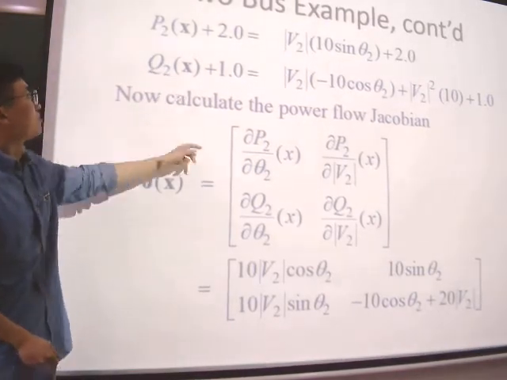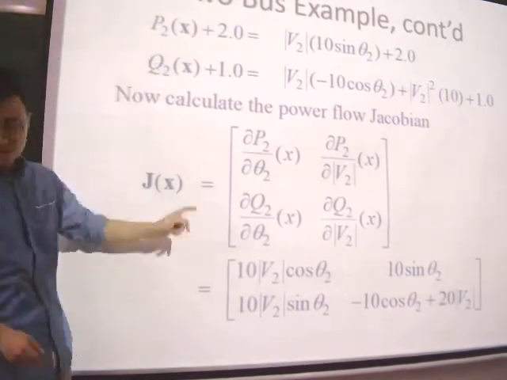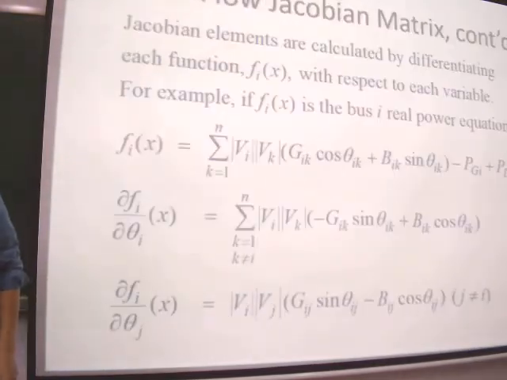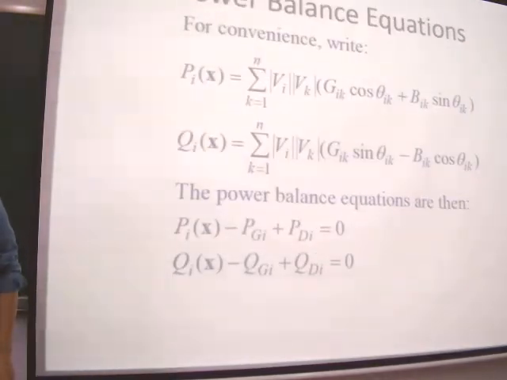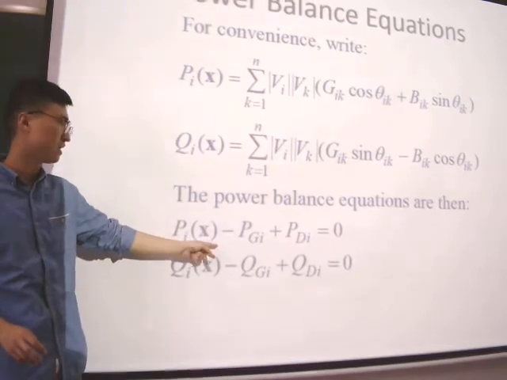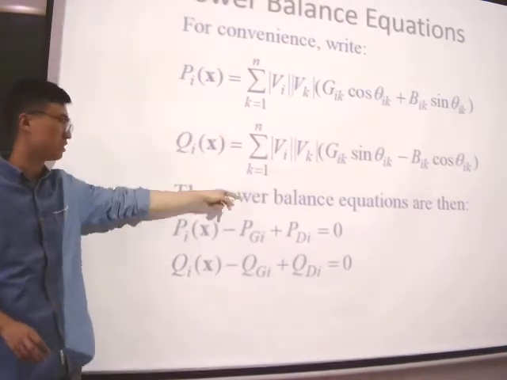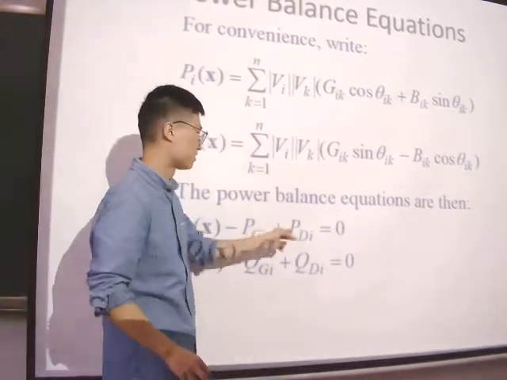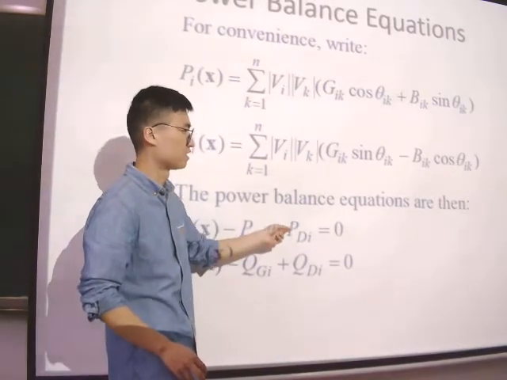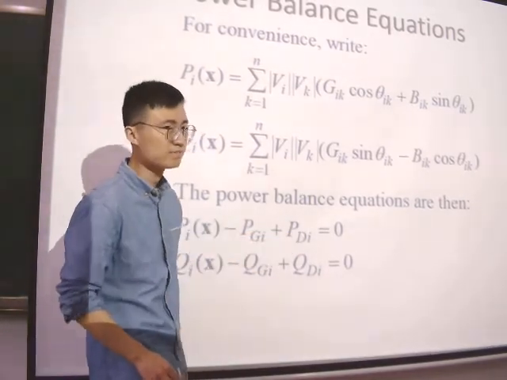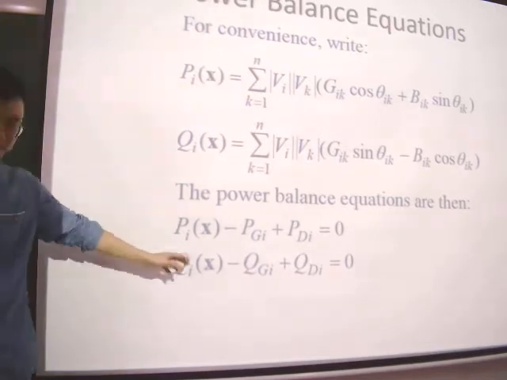So we assume that we'll write down the P2 and Q2. Let's do like this, okay? The Pi is equal to the generation, the negative generation, and the sending out the demand power, okay? Write down like this.